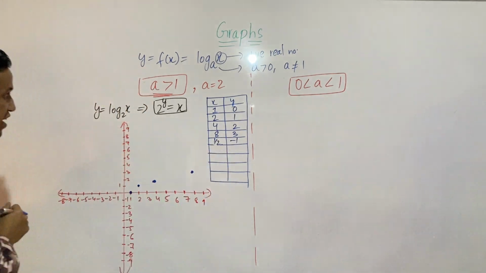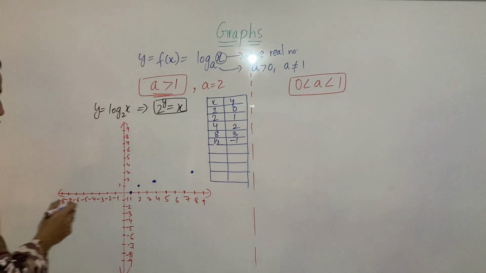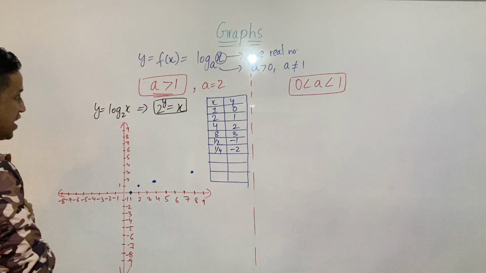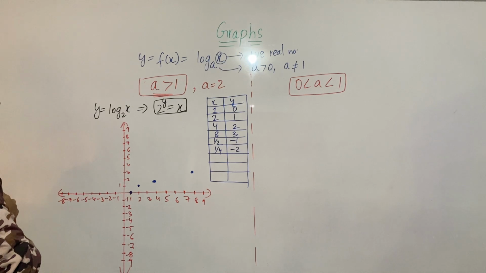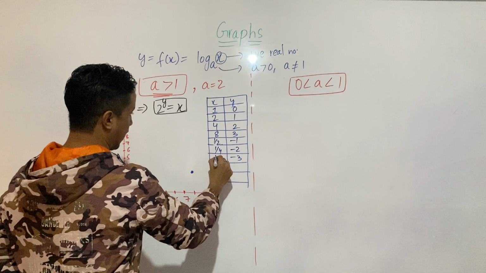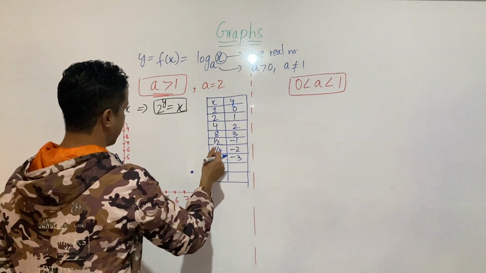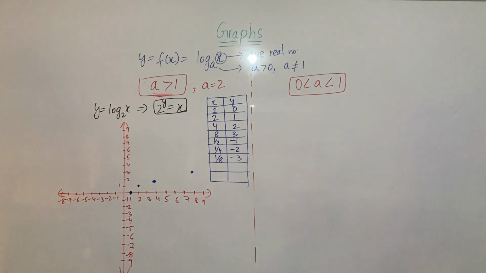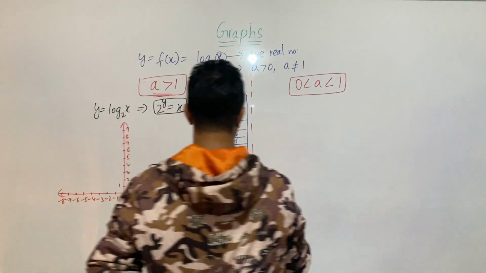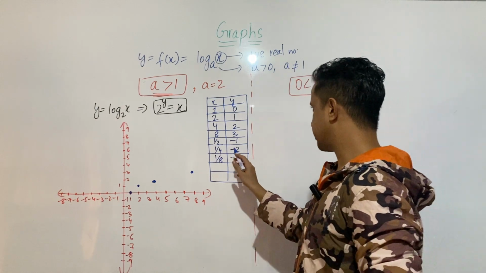And if we take y to be minus 2, then it's going to be 1 by 4, right? And if your y is minus 3, then it's going to be 1 by 8. All right, I think these values are fine to trace the graph. Now if you want, you can take more. If y is going to be minus 4, what would happen?